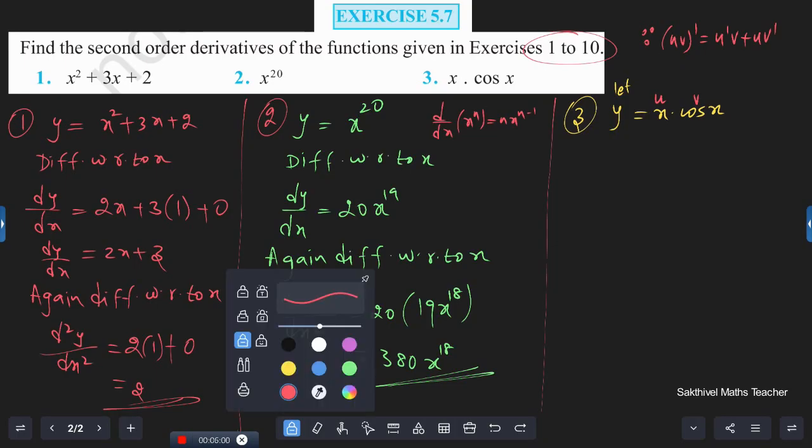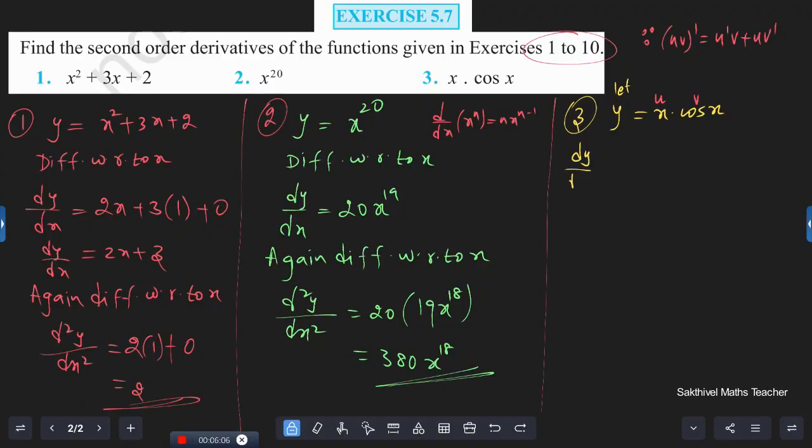Now when I differentiate y, dy divided by dx: x is the u, so u dash, x derivative is 1, v means cos x, you should write as it is, plus u, let it be, v dash, u means x, cos derivative is minus sin x. Now 1 into cos x minus x into sin x I'm getting.